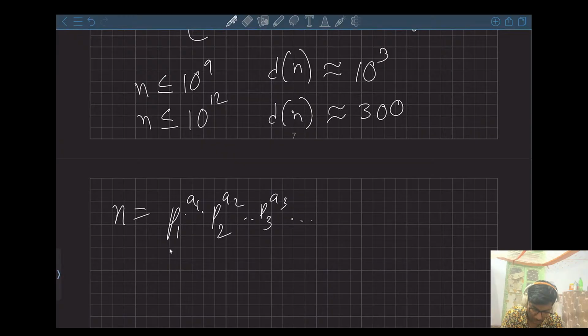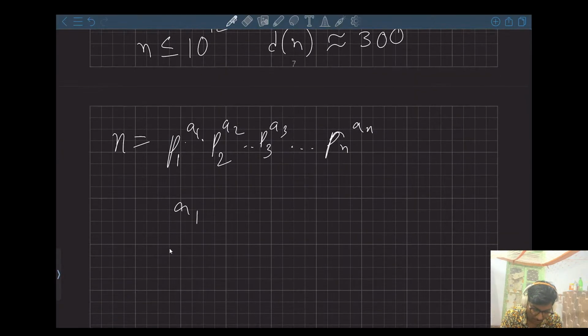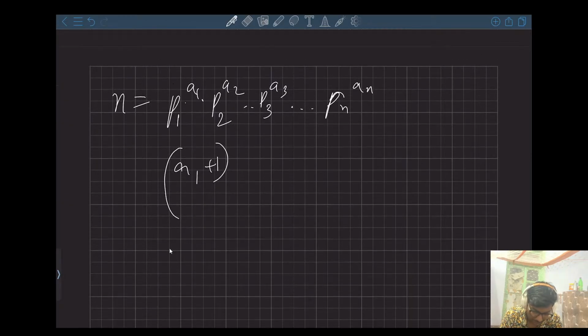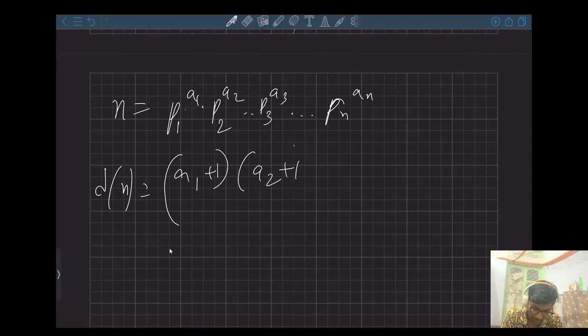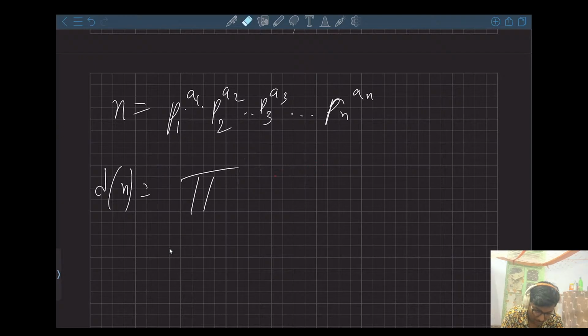Dot dot dot, pn to the power An. Then the answer, the number of divisors, of course, is (A1 plus 1) times (A2 plus 1). Basically, I should say the product of (Ai plus 1).